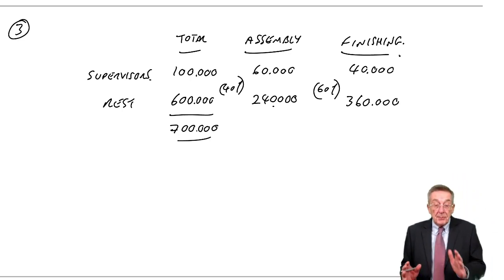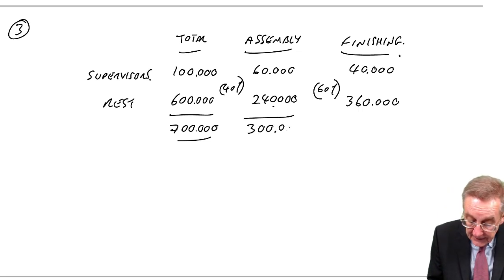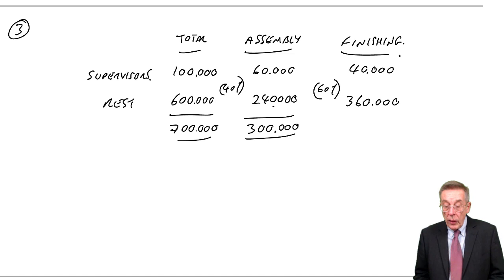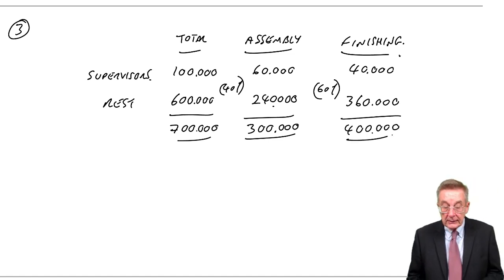And so we've managed to split the 700. We say that 300,000 of it is the assembly department, 400,000 is finishing.